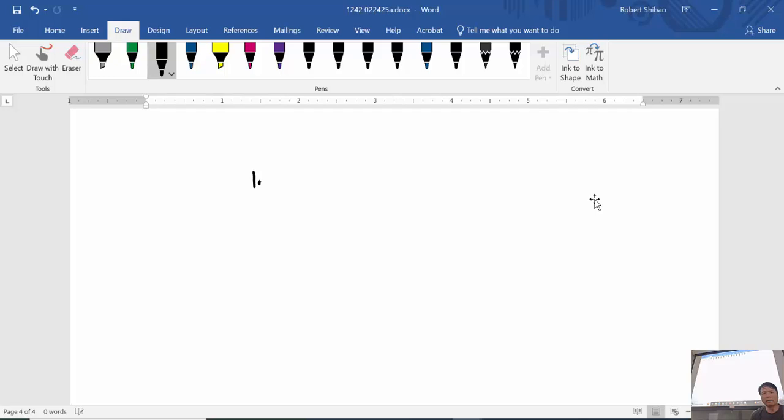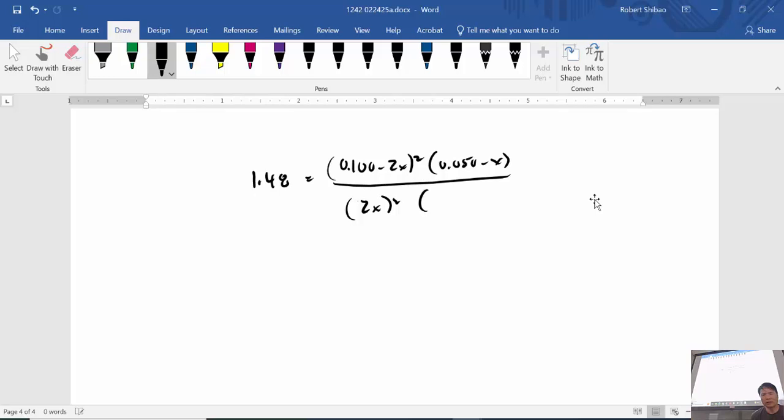And so going back to our problem, this is what we want. We want 1.48, which is the pattern that we saw, which is going to equal 0.100 minus 2x squared, 0.050 minus x, divided by 2x squared, divided by 0.100 plus x.